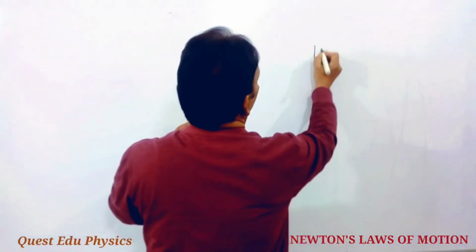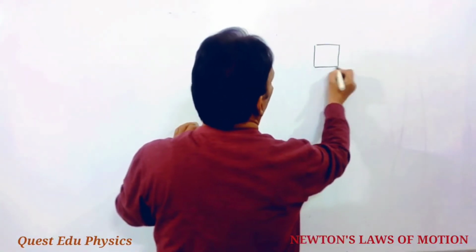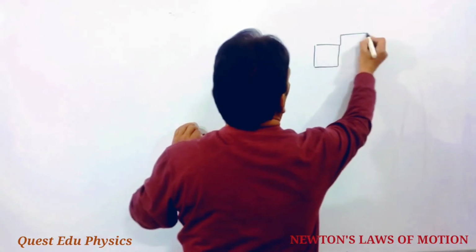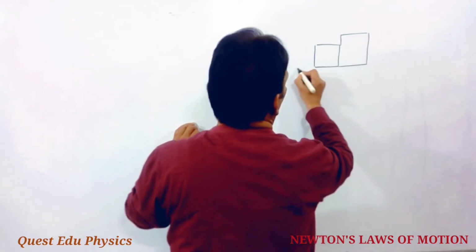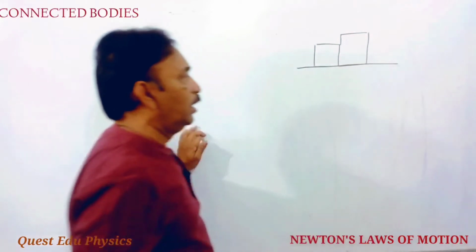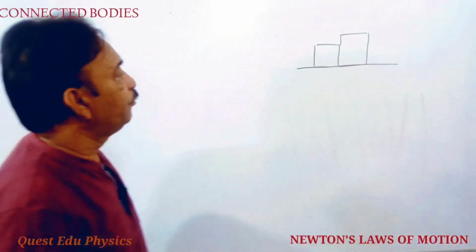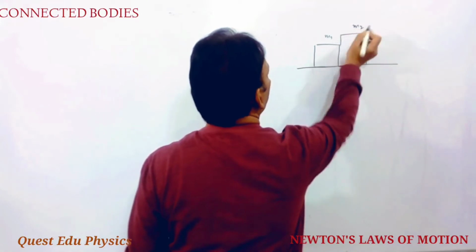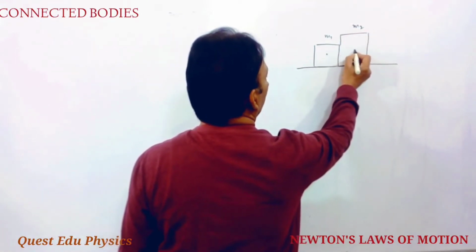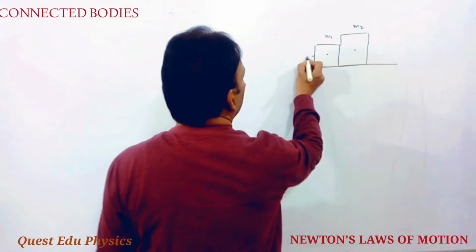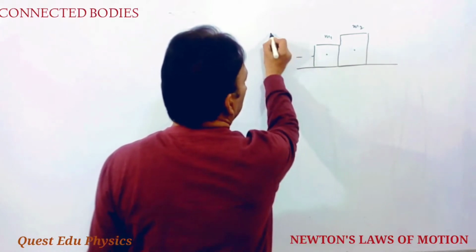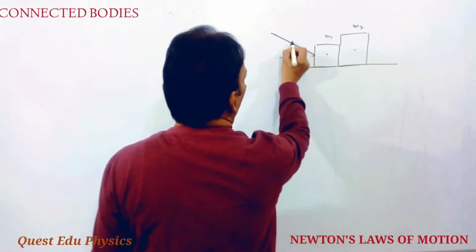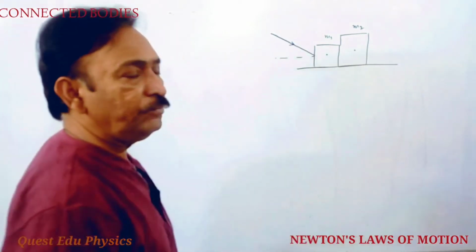here the same problem we are doing, a block 1, and we have one more block 2, kept on a smooth surface, and they have masses m1 and m2, and these are the centers of mass, and this is the line of action of the force. This time, a force is acting in this way.